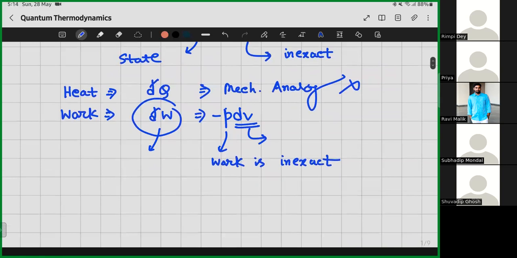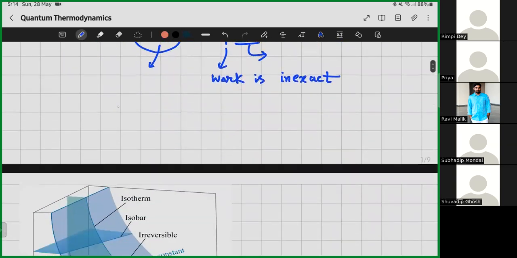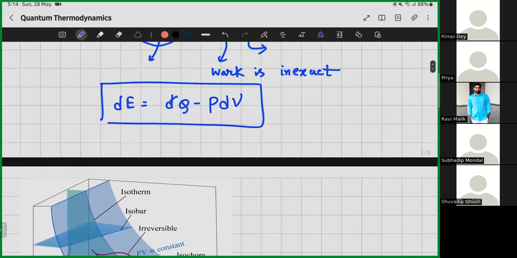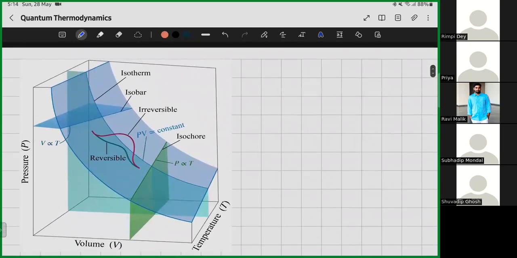This is the convention. So we can write our first law like dE is equal to đQ minus PdV. So this is totally the classical picture. Now we will discuss the quantum mechanical version of this first law as well. Now I will discuss the second law, just a brief discussion.